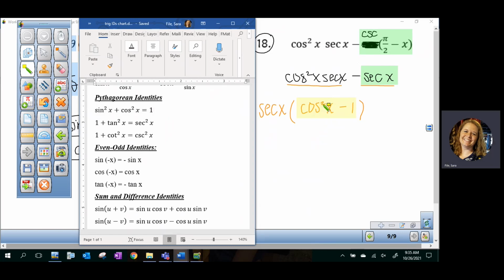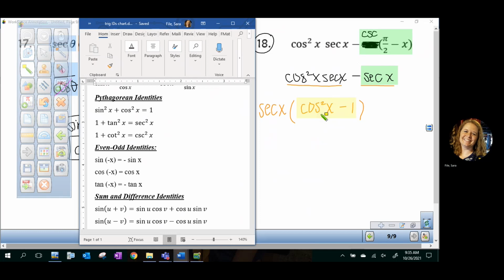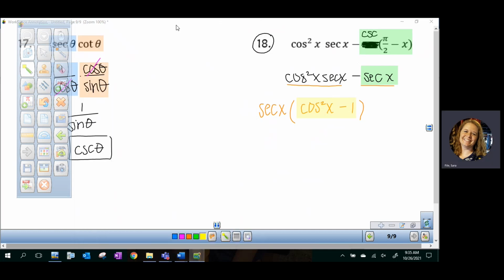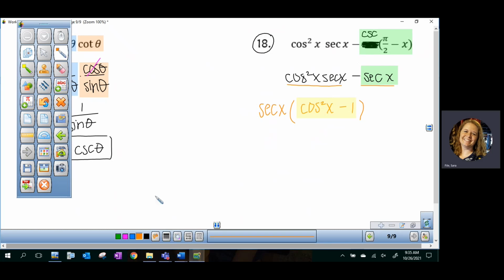So if I want the cosine squared to be positive, and then this is going to be minus 1, that means this 1 has been moved to the left. So I would have to move sine squared of x to the right. So how would I move that sine squared x over? What would it become? It'd become minus. So that's negative sine squared. Okay, so be careful with your signs. So that's negative sine squared of x.